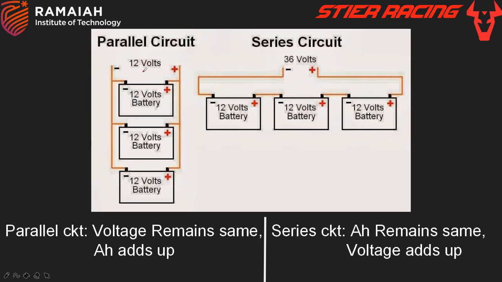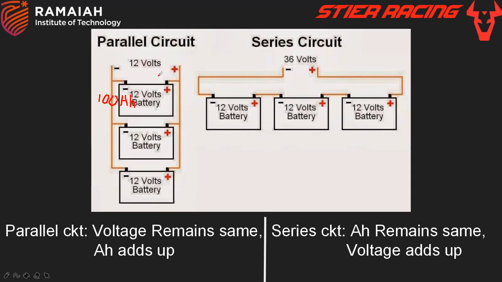So what is the difference between these two? I'm getting higher voltage here, but what am I compromising, and what am I gaining? As we talked about ampere hour, the capacity, ampere hour adds up in a parallel circuit. Even though the final voltage is low, if each battery has 100 ampere hour capacity, my final capacity will be 300 ampere hour.